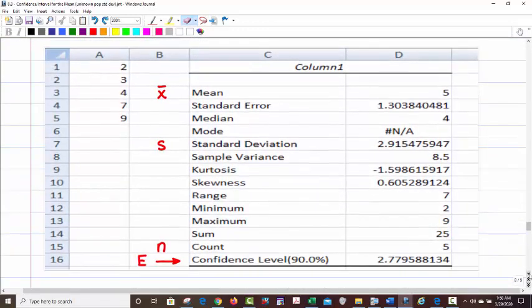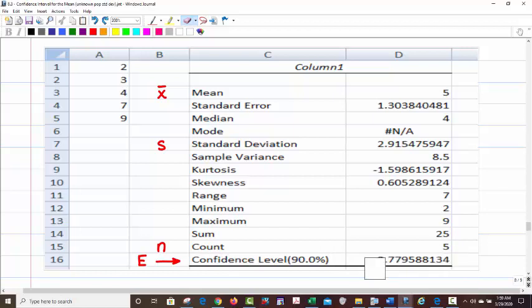And this is just putting it in Excel using Data Analysis to get the mean. So there's the x-bar is 5. There's the standard deviation, 2.91, and so on. And then there's that N, your count. This confidence level right here at 90%, if you choose that 90% as a selection, that's the margin of error right there.